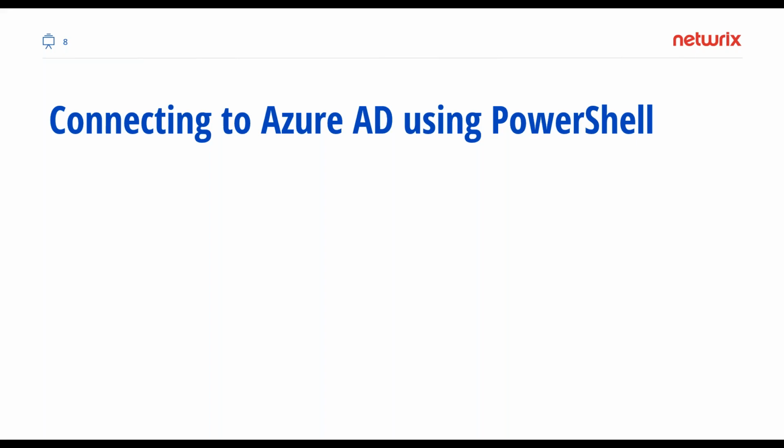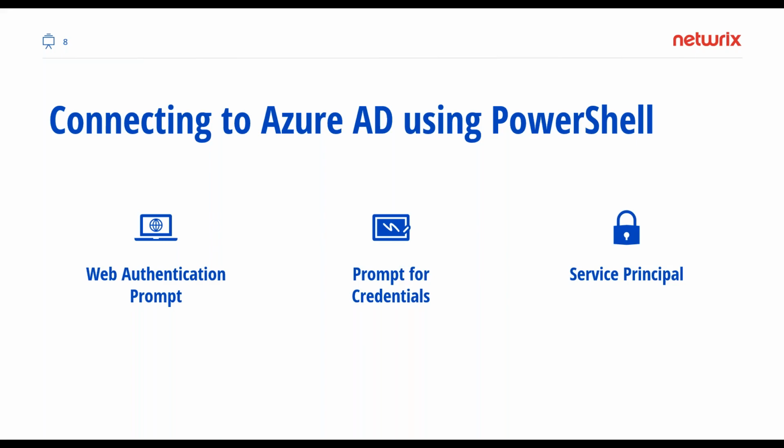And depending on whether the account has multi-factor authentication or not can often determine how authentication flows and how that connection works. So there are 3 different ways of connecting. So we actually have the web authentication prompt. The web authentication prompt means that when I'm in the context of the PowerShell window and I add a connection, that connection will launch a browser window, kind of a smaller version, where I can enter my credentials.